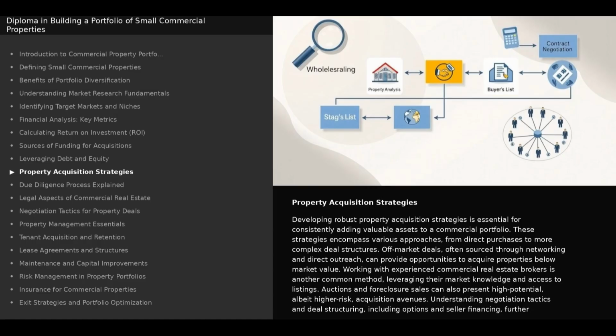Understanding negotiation tactics and deal structuring, including options and seller financing, further enhances acquisition capabilities. Each strategy requires careful evaluation of its risks and rewards. A diversified acquisition approach can lead to a more robust portfolio. This proactive approach is key to finding the best deals.